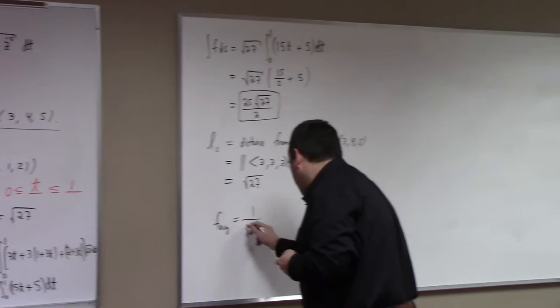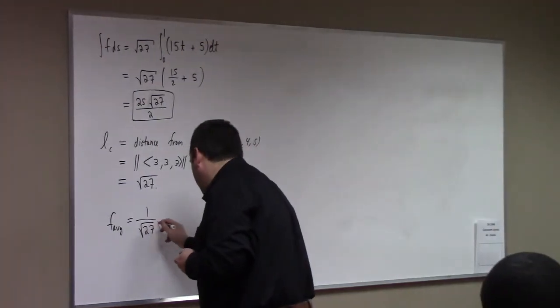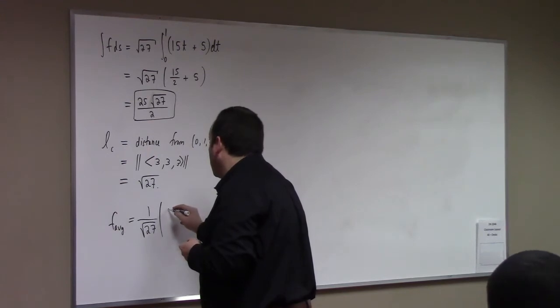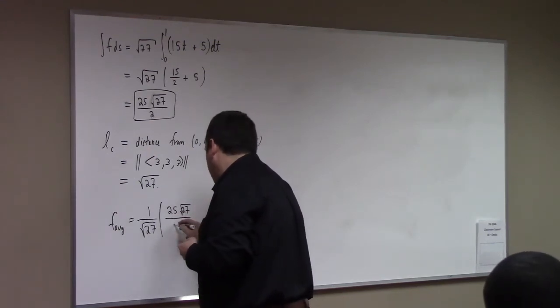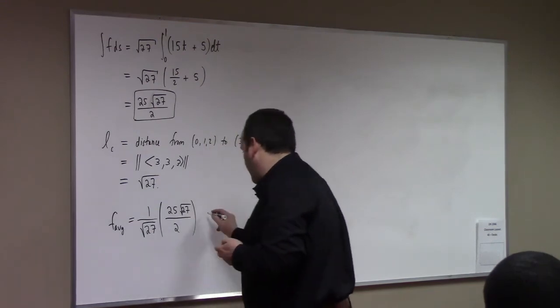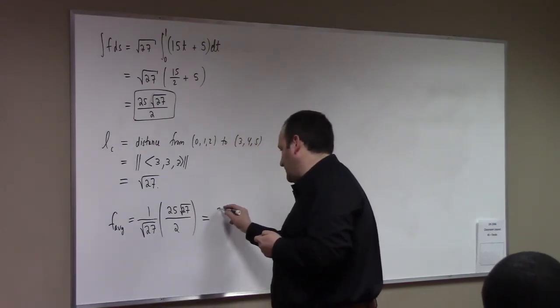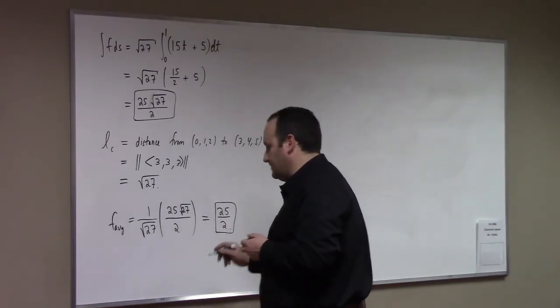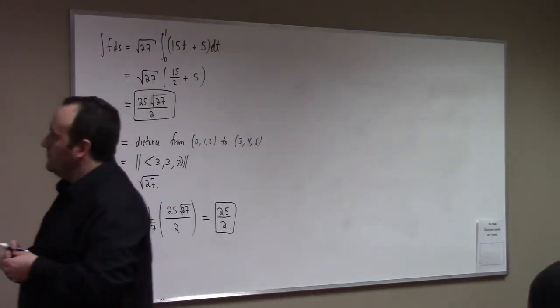So the average here for my example 3 would be 1 over the square root of 27, right? Times, well, 25 square root of 27 divided by 2. So apparently, the average is just 25 over 2 for that function.